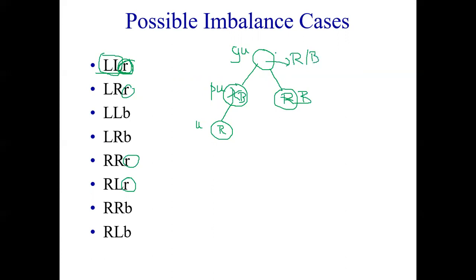You have to check whether the grandparent is a root node or not. If the grandparent is a root node, then it should be black color, because one of the rules says that the root of the red black tree should be black in color. So if this is the root of the tree, then it should be black, otherwise it can be any color.